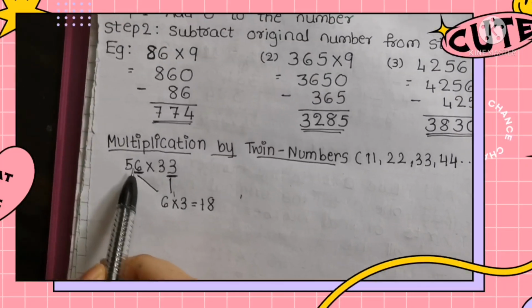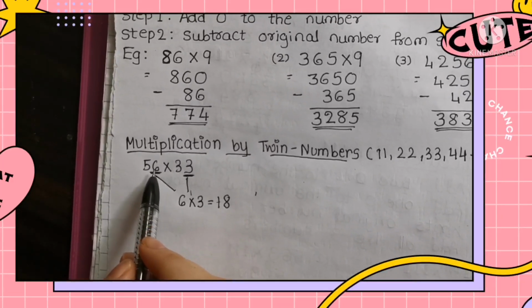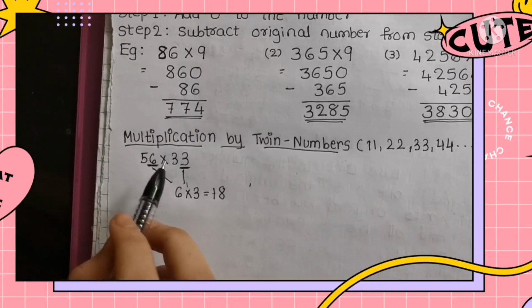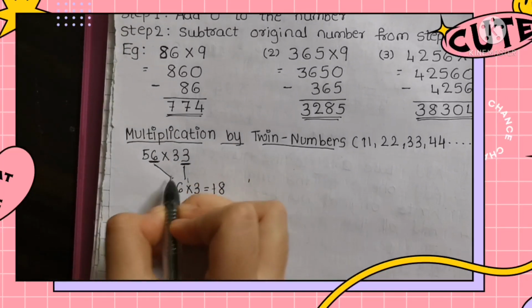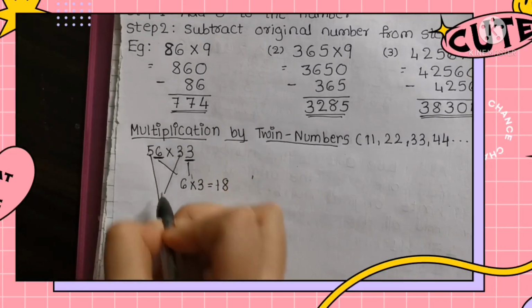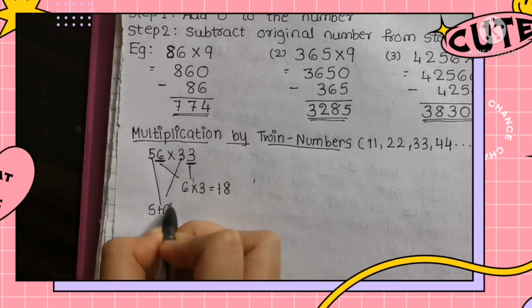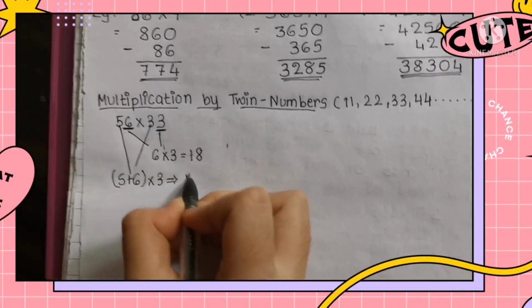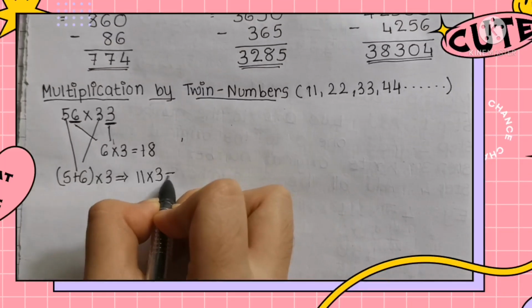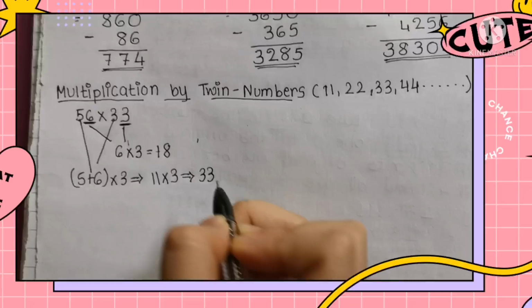We will multiply the sum of 5 and 6 by 3, which means the sum of 5 and 6 is 11, and we will multiply it by 3. So it will be like 5 plus 6 into 3, which will be like 11 into 3, which will be 33.